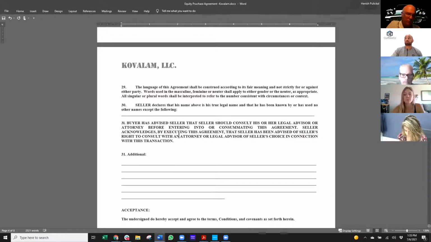Yeah. Seller declares that his name above is his true and legal name and that he has been known by or has used no other names except the following. So if you've got any aliases or if you are divorced or recently married and you have other names on here or something like that that we need to put on there, that's where it's relevant. Typically, I'm doing like a statement of information anyways.